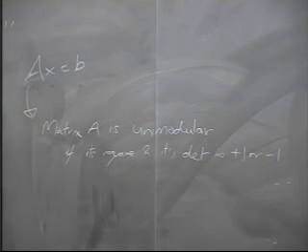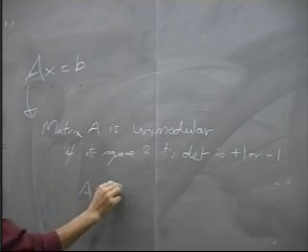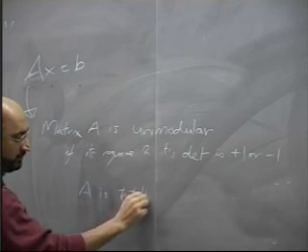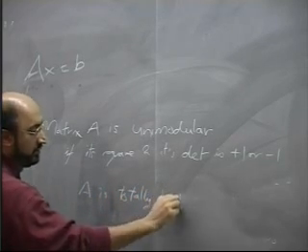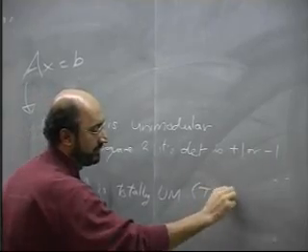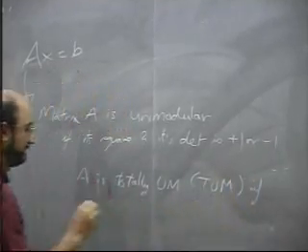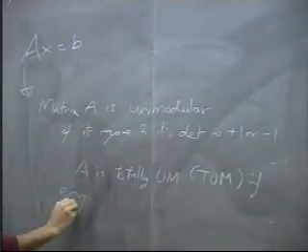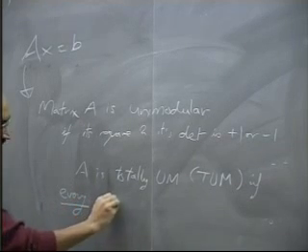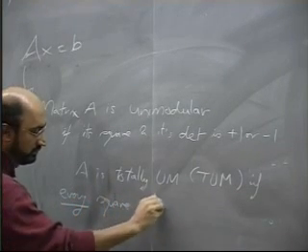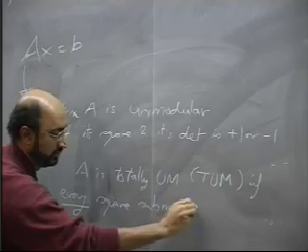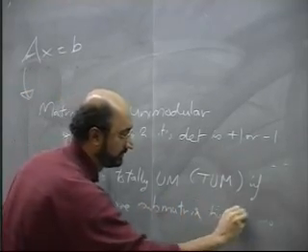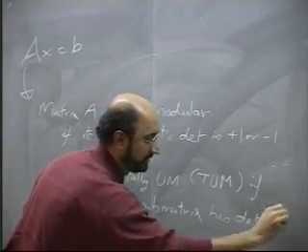Now, of course, A is not square, because if A was square, it would be constrained. There would be only one solution. So matrix A is totally unimodular, often abbreviated TUM, if every square submatrix has a determinant plus or minus 1.